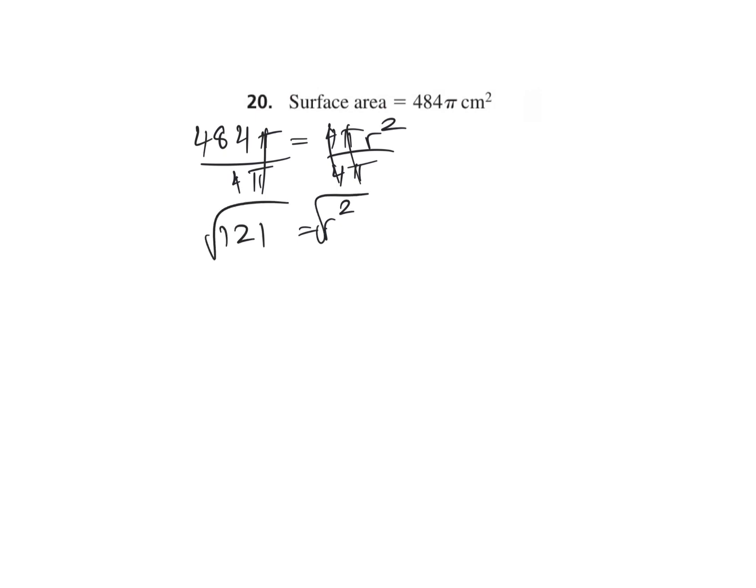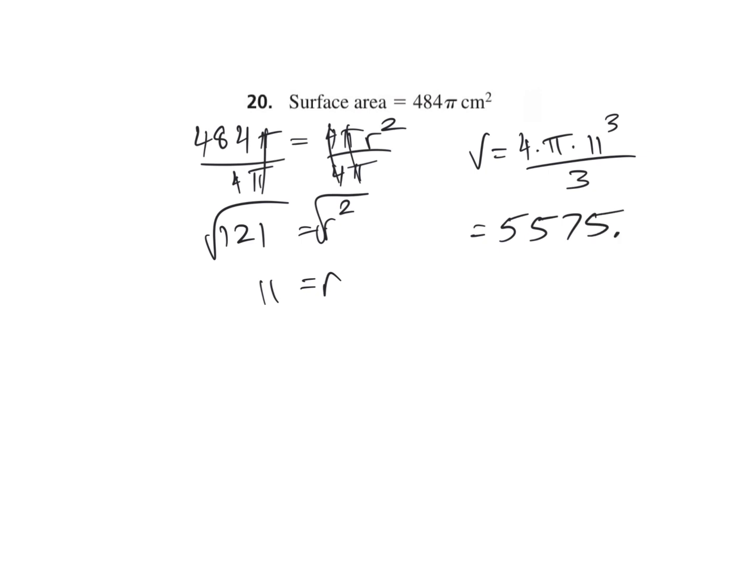You take the square root, you get 11. So the volume, again, is 4 times pi times the radius cubed divided by 3. So 11 cubed times pi times 4, and then divide by 3. And that gives us 5,575.28. And that's cubic centimeters.